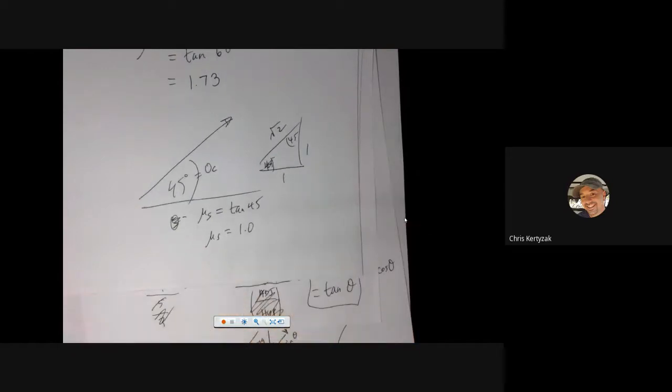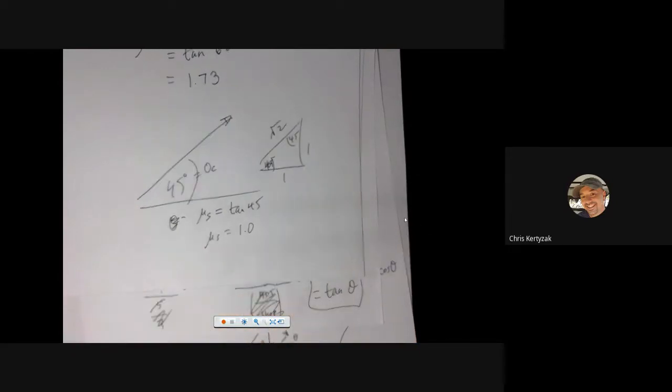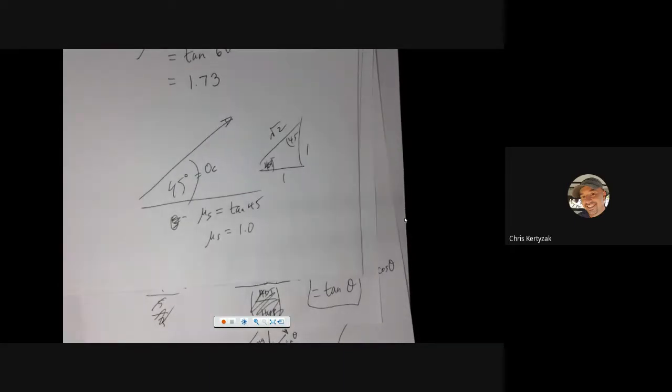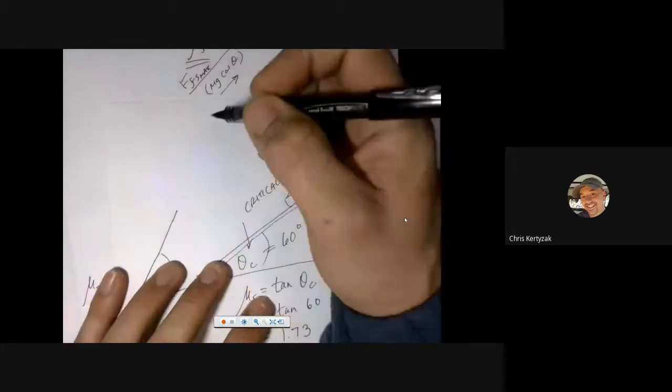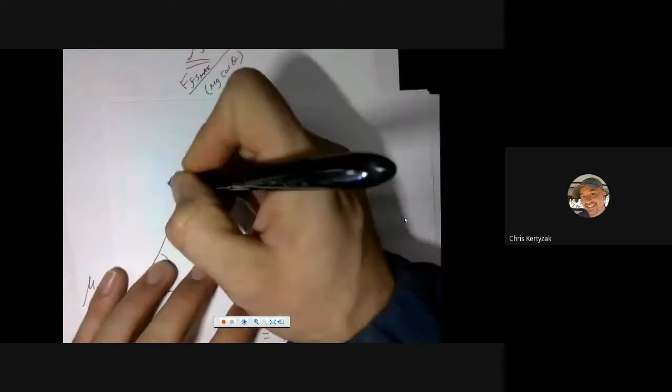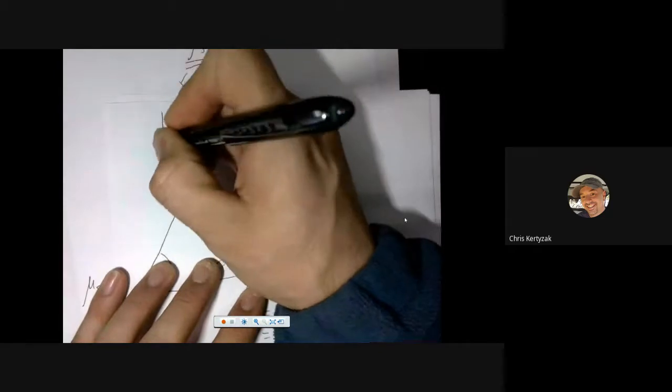What that tells us is that anything that can hold on just due to static friction at 45 degrees or above has a coefficient of static friction that's at least 1. If it can hold on still at 60 degrees, wow, it's 1.73. What if it could go to 98 or 88 degrees? Oh my God. You'd think you put some glue in there or something.